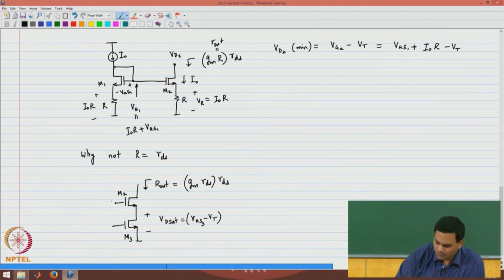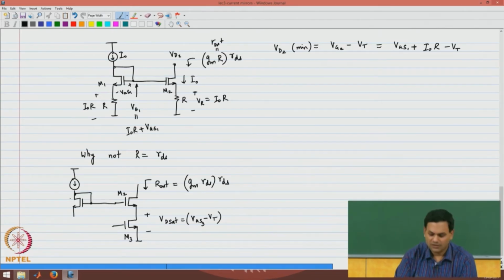So now I am going to draw the rest of the circuit, because we have not shown M1. This is M1. Now note that I need to generate a voltage for M3, and I am going to generate that using a fourth transistor.